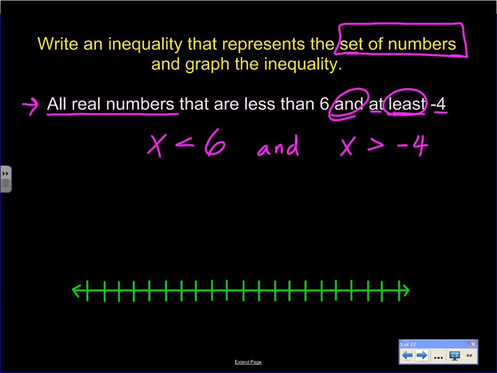But could it be -4? The smallest that it can be is -4. So we put the equal to sign because X can be equal to -4, but it has to be at least -4. So that's where the greater than symbol comes into play, because the real number X has to be greater than or equal to -4 in order to fit the at least -4 part.